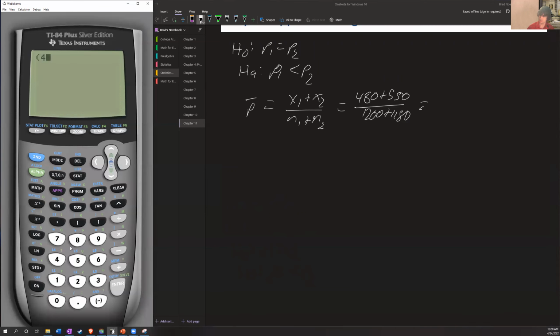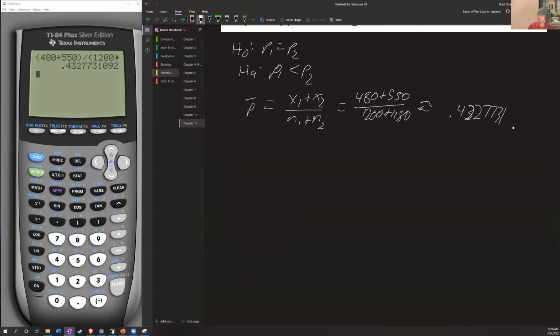Plugging that into my calculator, 480 plus 550 divided by 1,200 plus 1,180, and we find that it's approximately 0.4327731, and so on. Note that this is an intermediate calculation, so I'm going to include as much as possible. I'm actually just going to directly take it from here.